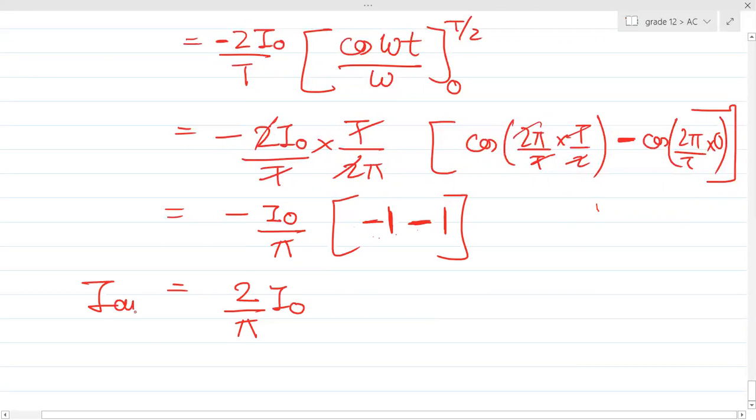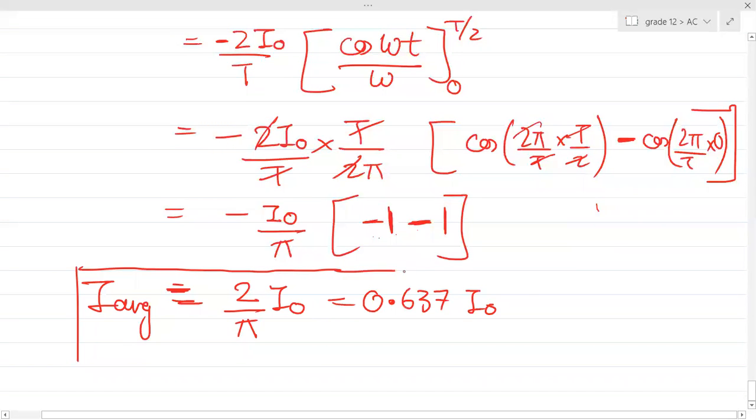So basically this is the average value of current, 2 by pi. When I calculate this 2 by pi, it comes to be 0.637 times of I naught. Can you see this particular thing?